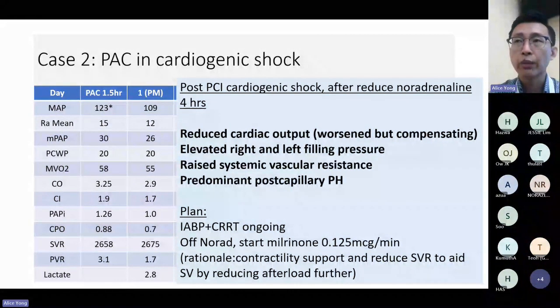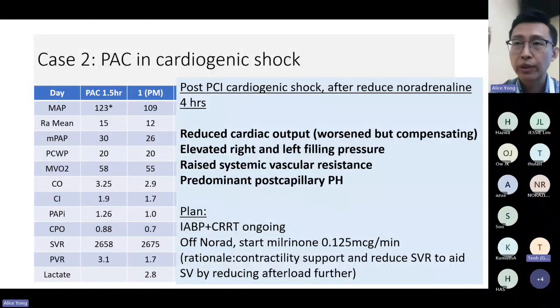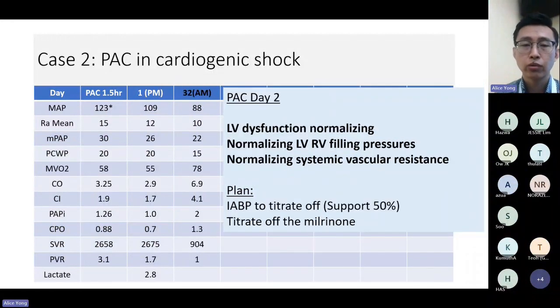So to help the heart pump a little bit more and relax the vessels further, we add on an inodilator, which is milrinone. With the milrinone, we hope that we can reduce the SVR and afterload, and increase the cardiac index. Always start slow to test the water, and 3 or 4 hours later we will increase.